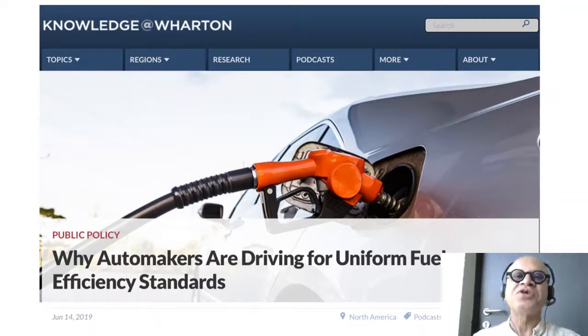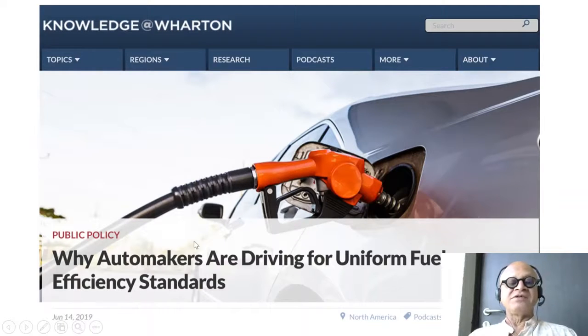If you know the story, you know where that goes. But automakers, on the other hand, have rejected that effort to do away with fuel efficiency standards. We will see details of that, and they together wrote a letter to the president directly, in 2019.